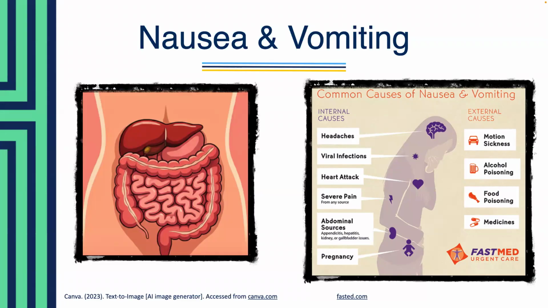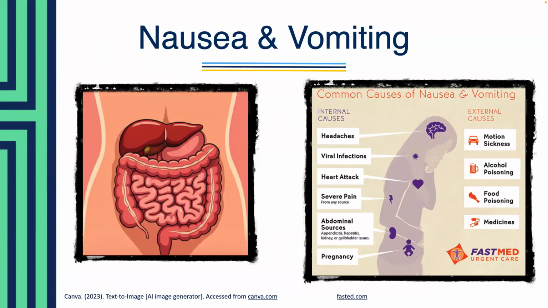We did talk about medications, which can be chemotherapy drugs and narcotics, so there are several different ones that can do that. We also talked about infections, GI disorders, certain central nervous system issues, motion sickness, and even physiological or psychological factors like anxiety.